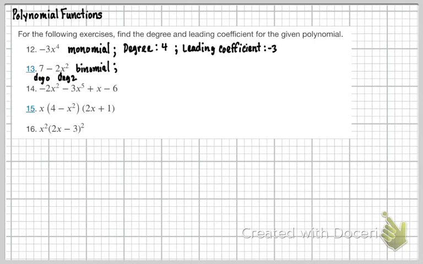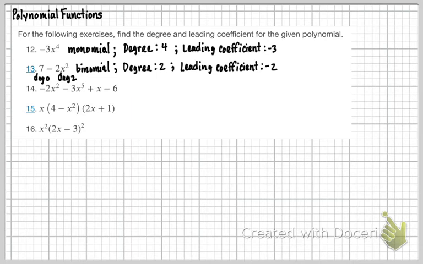So therefore, the whole polynomial is degree 2. Now it wants the leading coefficient. So the leading coefficient is -2. So there's that one there.